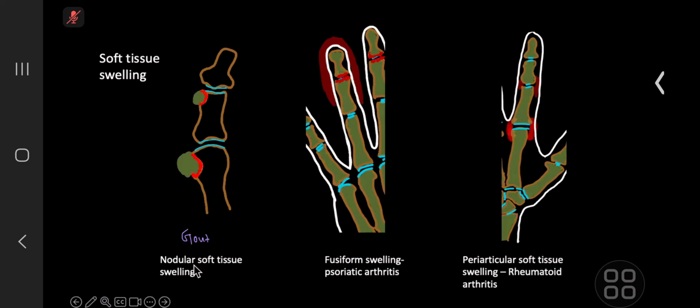If it is a nodular soft tissue swelling, think about gout. If it is a fusiform swelling with some DIP involvement, think of psoriatic arthritis. And if it is a periarticular swelling, think about rheumatoid arthritis.